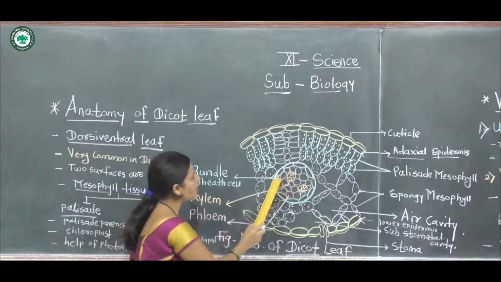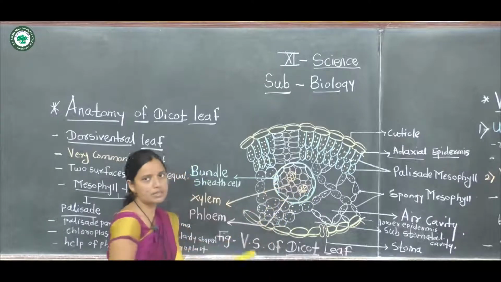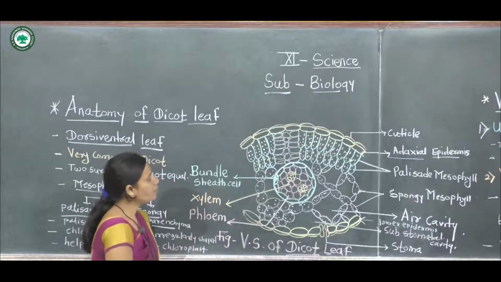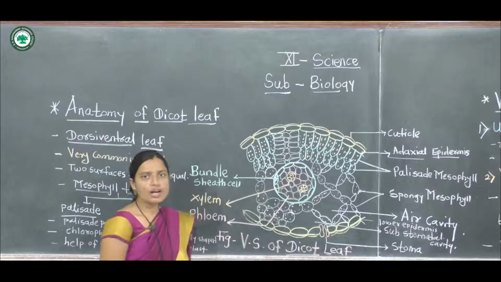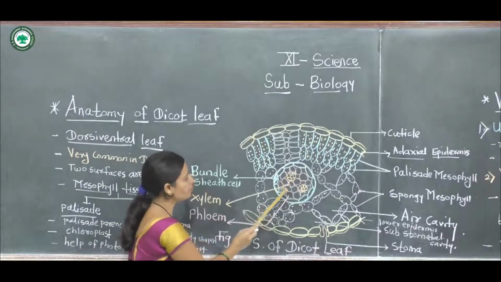They surround the vascular bundles, and inside the bundle sheath cells are the vascular tissues, like xylem and phloem.